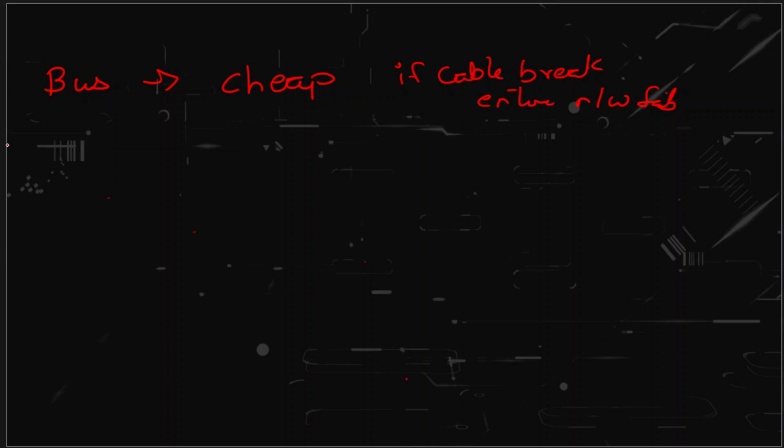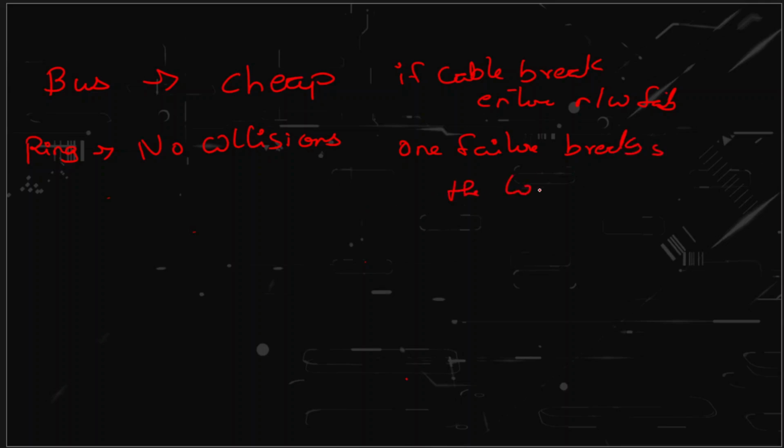Then next, coming to ring topology: no collision will happen because everything flows in one direction. One failure breaks the loop.